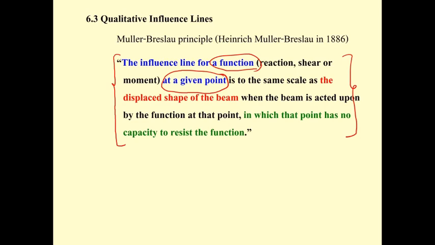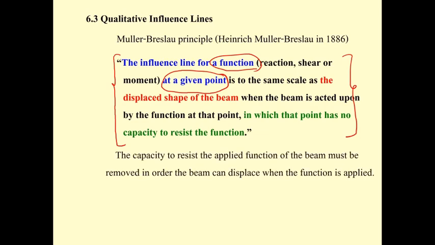For example, if you would like to draw the influence line of a reaction, you take the resistance of the reaction out of the beam, and then you put the reaction acting on the beam, and the shape of the beam is going to be the influence line of that function.